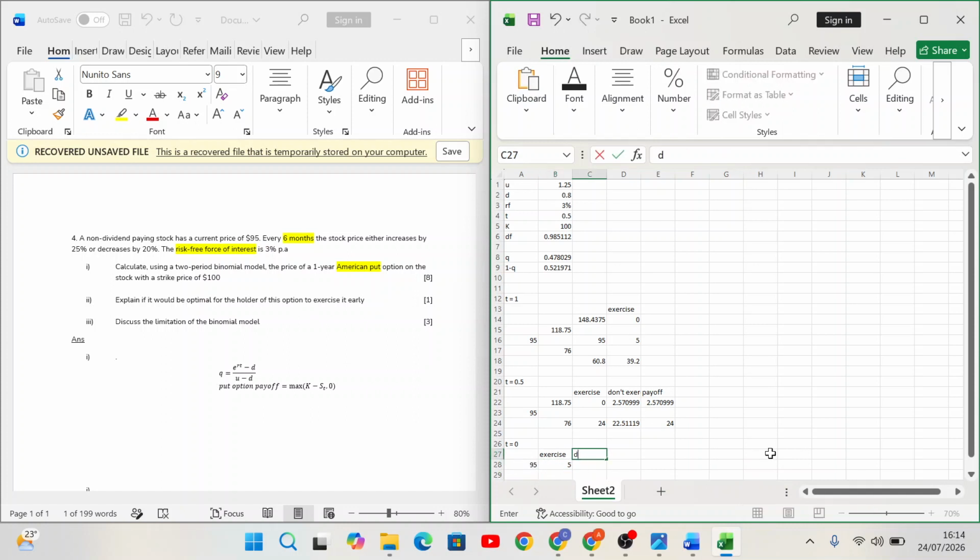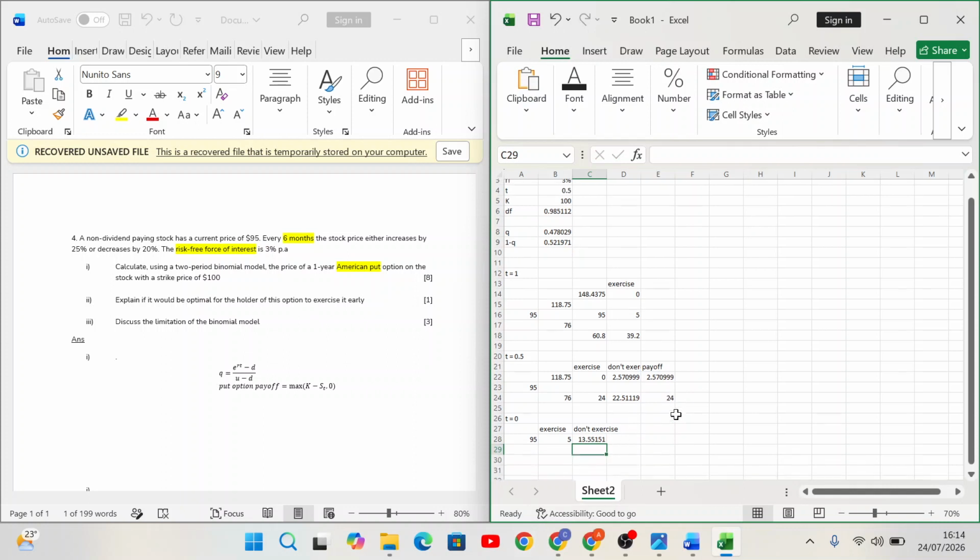If we do not exercise, it will be the discounted value of the payoffs from time 0.5. So here it will be 2.57 multiplied by the synthetic probability of up plus 24 multiplied by the synthetic probability of down. And then we discount this, we multiply by the discounting factor.